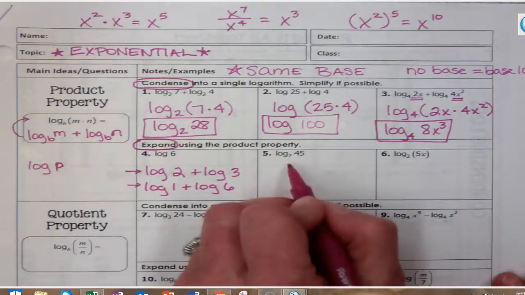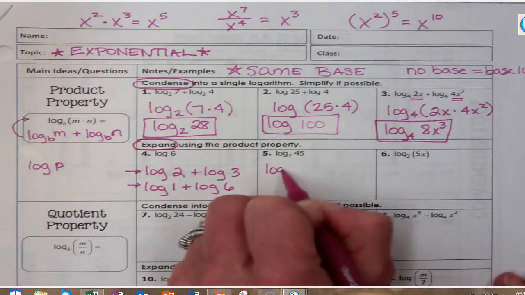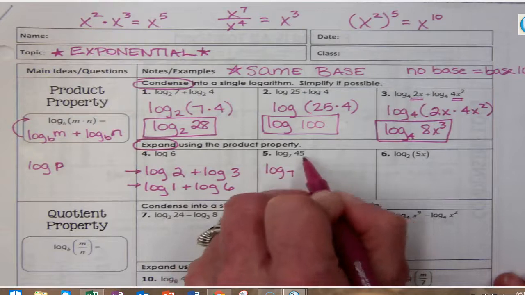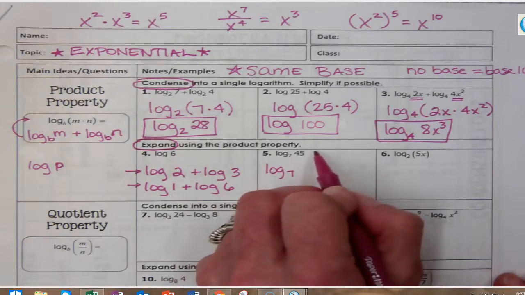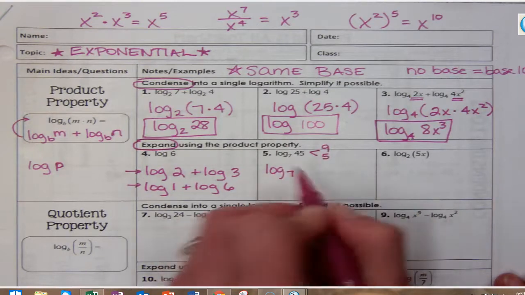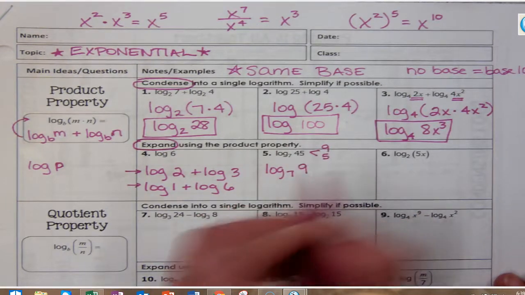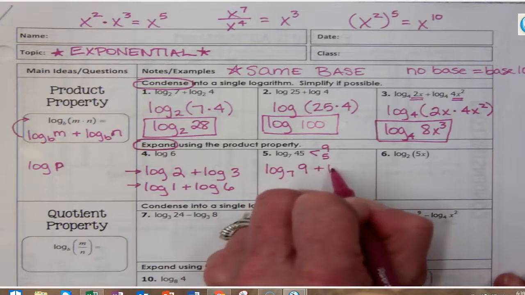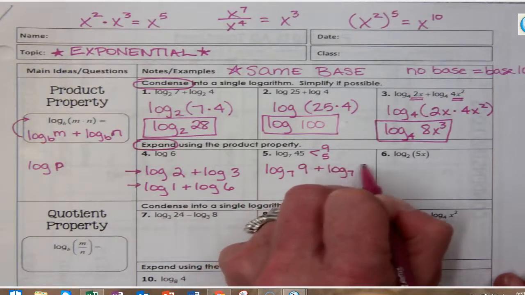All right, so one of these might be log base 7 of two numbers that I know multiply to give me that, which are 9 and 5. So log base 7 of 9 plus log base 7 of 5.